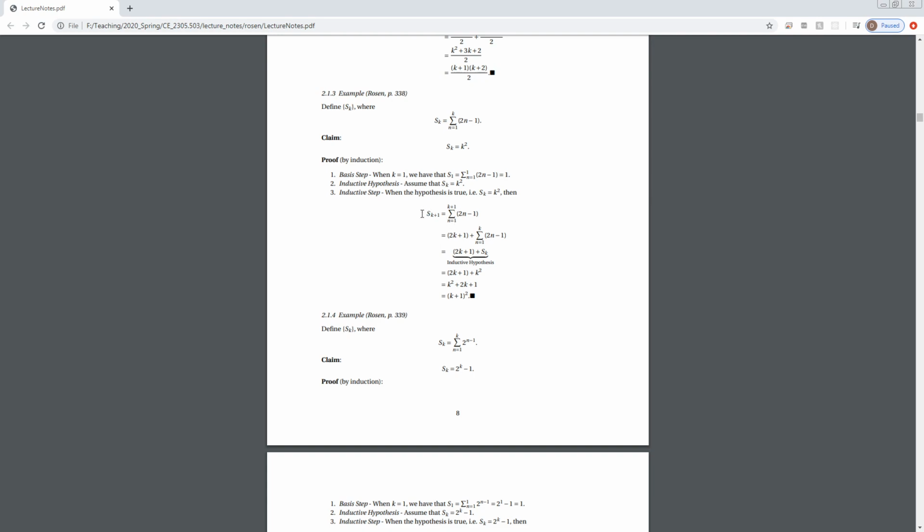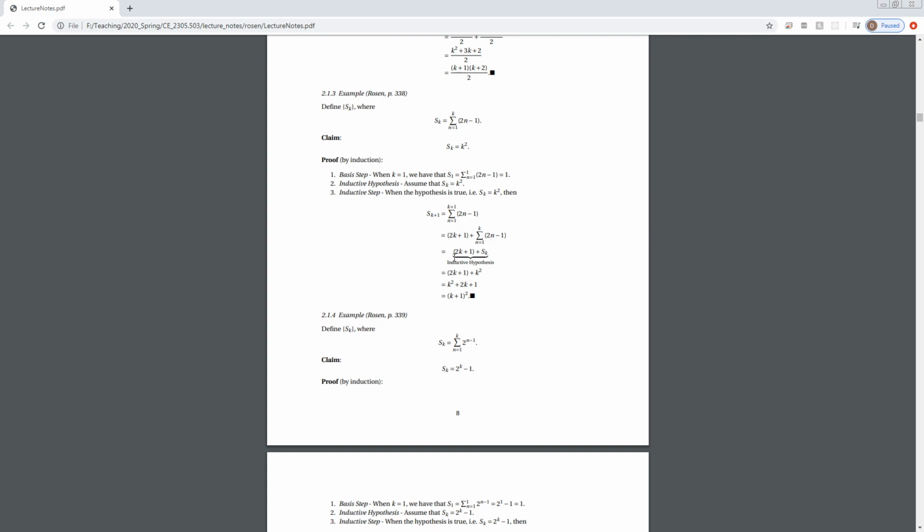Okay, so then the sum over the first k plus 1 odd numbers we would note in this fashion, right? And that's really just adding 2k plus 1 to our previous sum, which looked like this, from 1 to k, so the first k odd numbers, and then one more. And so again, we've combined it into the new information plus the previous information, and the substitution is the inductive hypothesis.